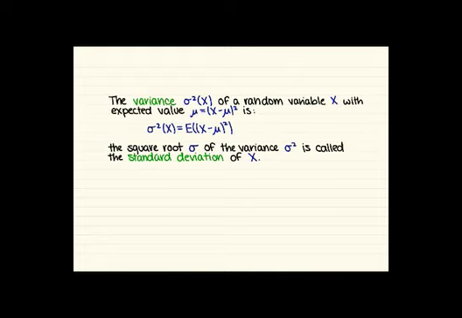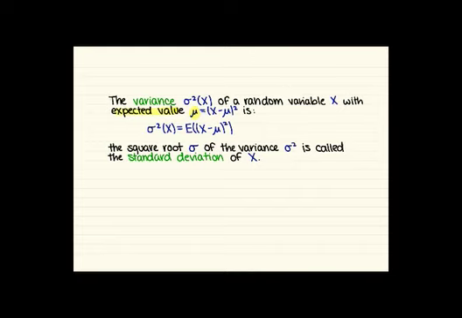The way we compute that, the first step is to compute the expected value. Now we're using mu as our notation for the expected value. Then you compute the expected value of the random variable we get by doing X minus mu and then squaring that. By doing that computation using the formula we had for expected value from before, you can figure out the variance.